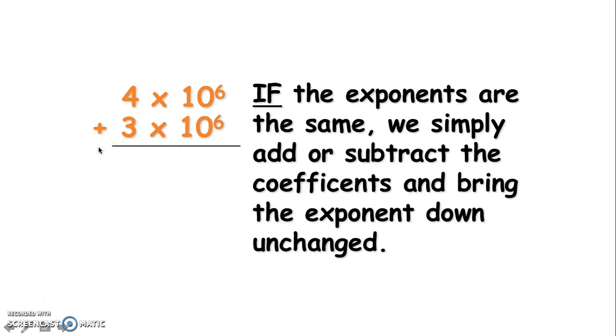We simply have to add or subtract the coefficients and bring down the exponent unchanged. So 4 plus 3 is 7, times you just bring that right back down, times 10 to the 6th power. So 4 times 10 to the 6th power plus 3 times 10 to the 6th power equals 7 times 10 to the 6th power.